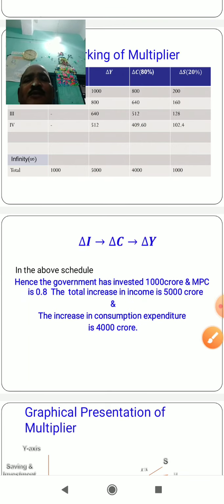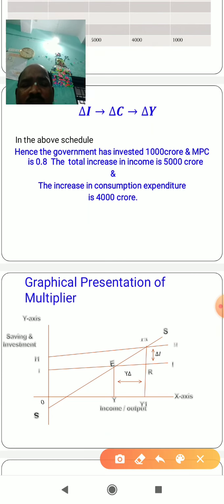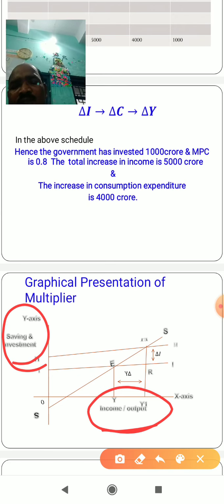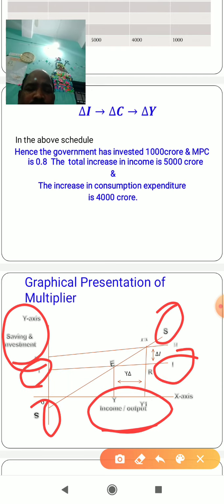Then you can explain this multiplier in graphical presentation. You can see on the x-axis income and output, and on the y-axis saving and investment. SS is the saving curve, and II is the investment curve.